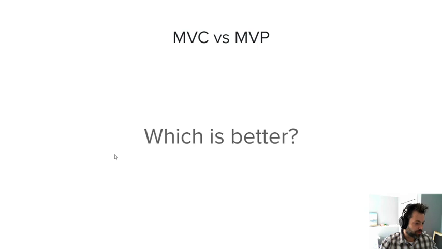And then the question you might have is which is better, which is worse. If you're going to be looking for this kind of thing online, you're going to find a lot more references for MVC, so the documentation is a lot better, and the frameworks out there are a lot better. But there are a lot of people that like MVP.